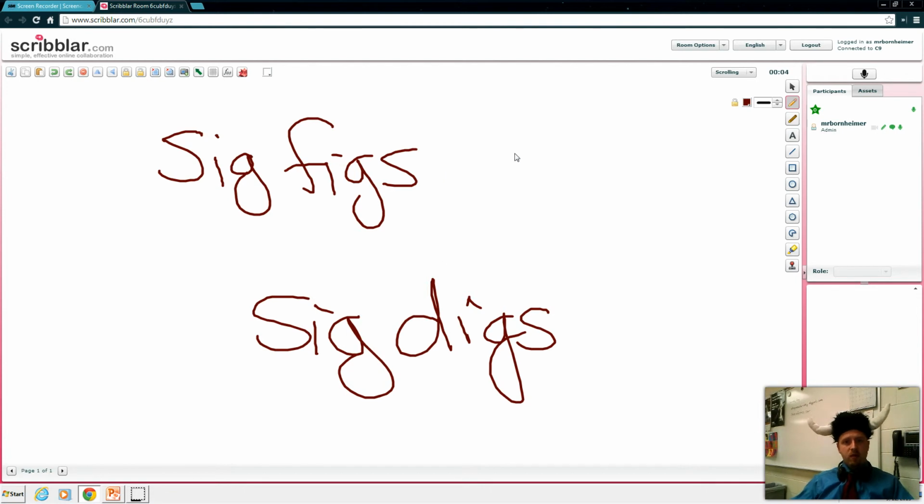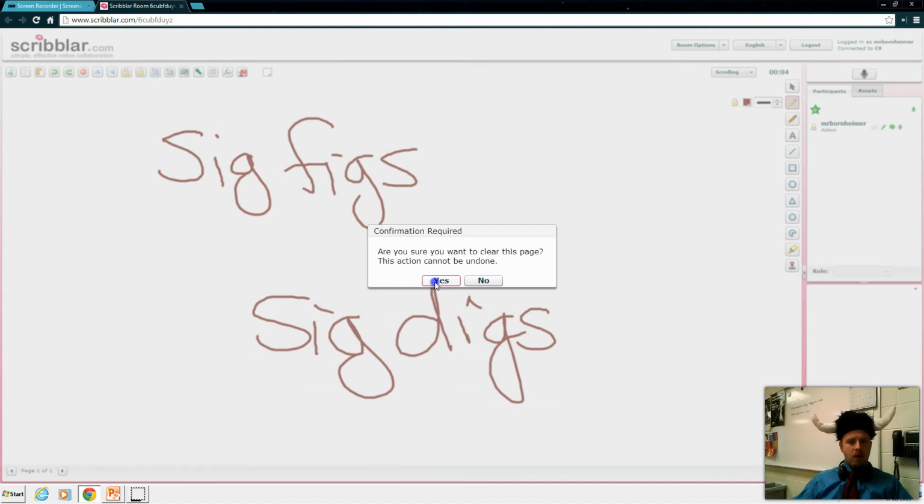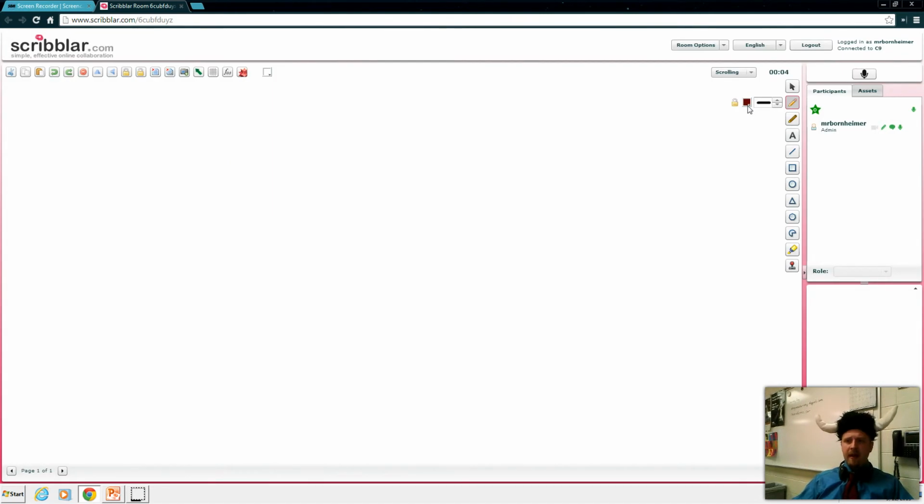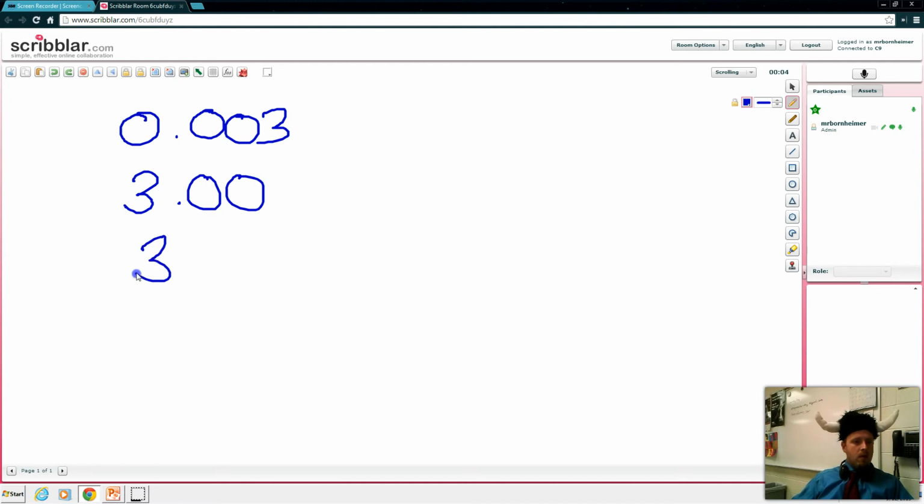Okay, so here we go. Let's take a look at a couple of rules. First of all, significant figures, significant digits, are telling us what numbers we should consider significant in a number. Let's take a look at a couple of examples here: the numbers 0.003, 3.00, 330, and 303.